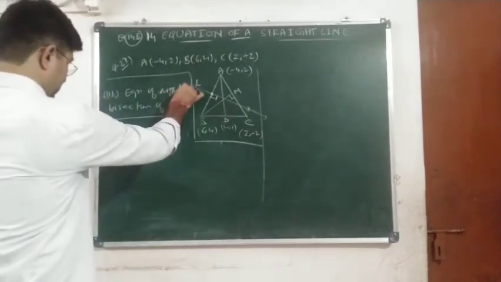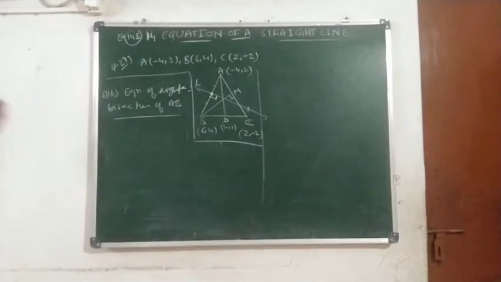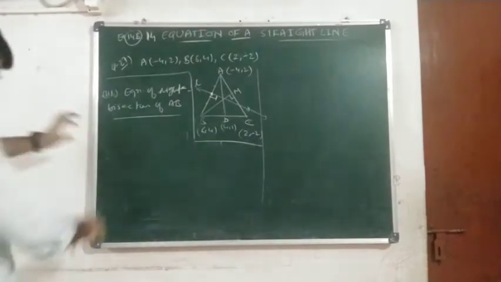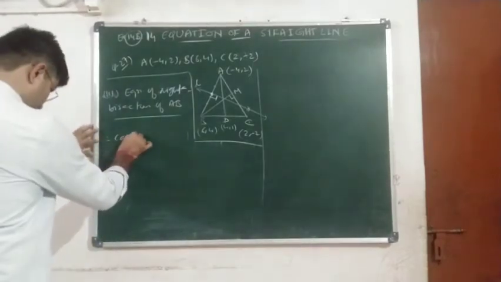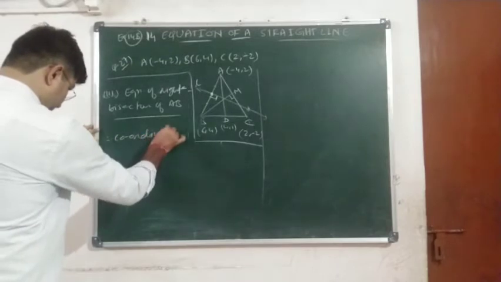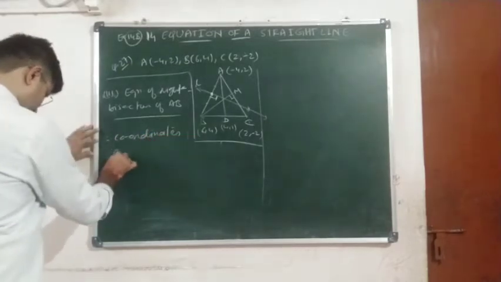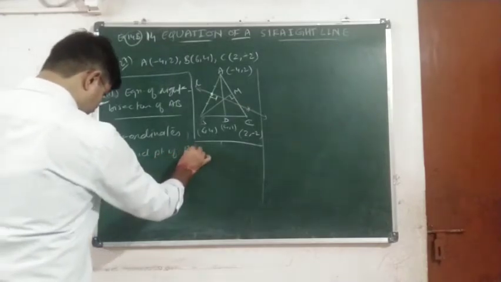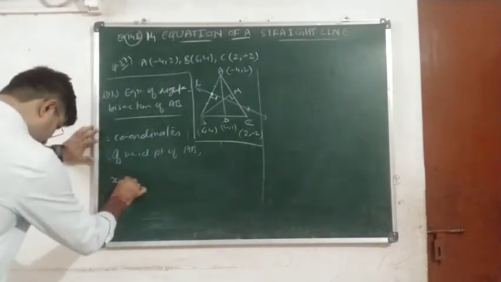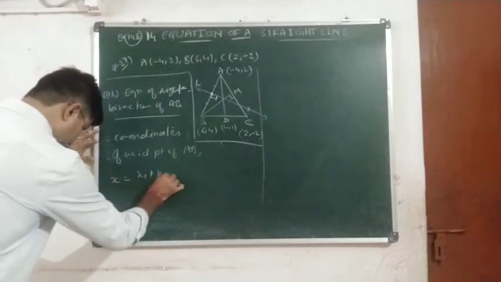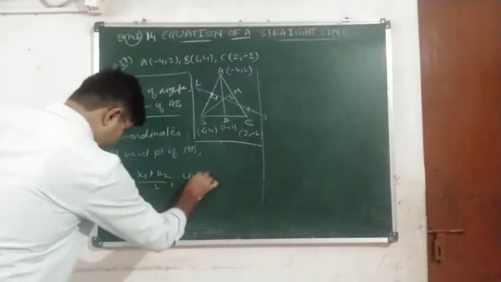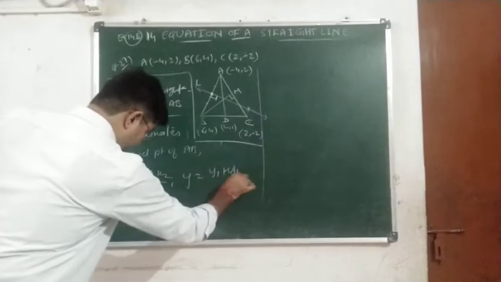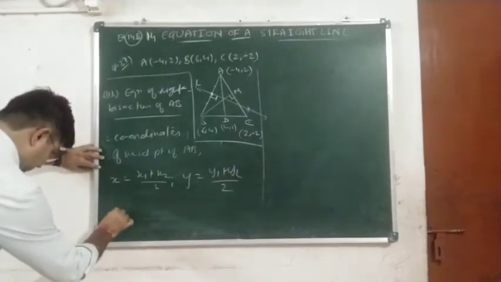Clear? Okay. So for that we will find the coordinates of the midpoint. Coordinates of the midpoint of AB will be given by x is equal to x1 plus x2 by 2, y is equal to y1 plus y2 by 2.